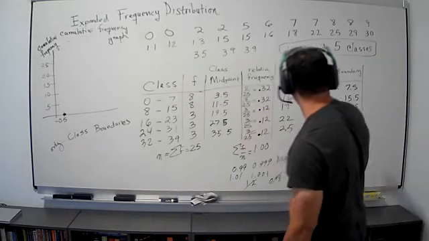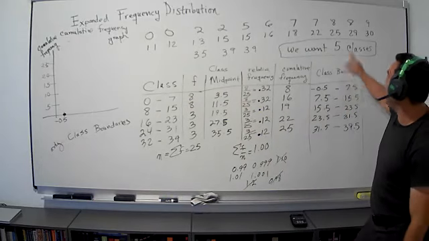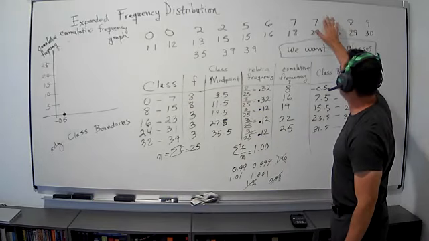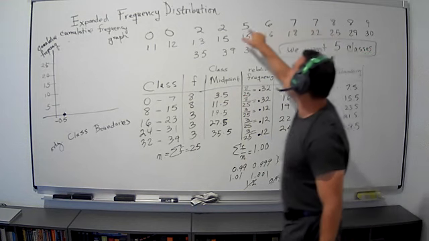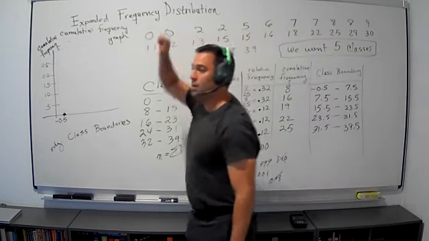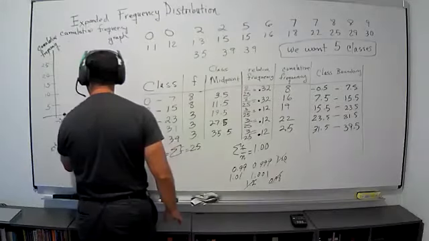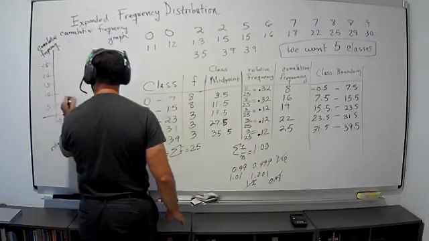But by the time I get to 7.5, how many numbers would I have gotten? 8. So by the time I get to 7.5, I would be here.